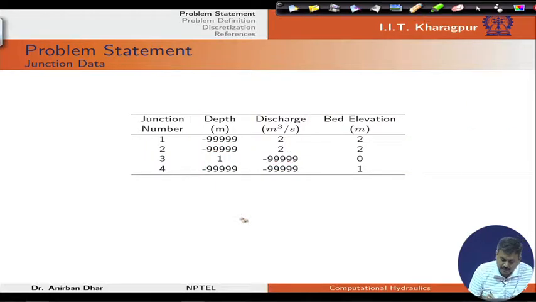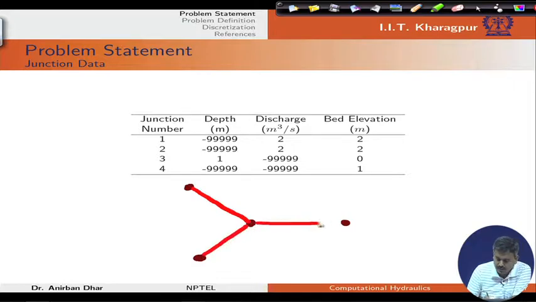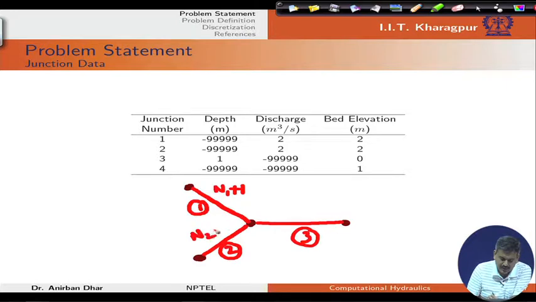Now, for our problem we have 4 junctions. Let us say that N1 plus 1 is the number of sections in channel reach 1, for channel reach 2 we have N2 plus 1, and this is N3 plus 1.